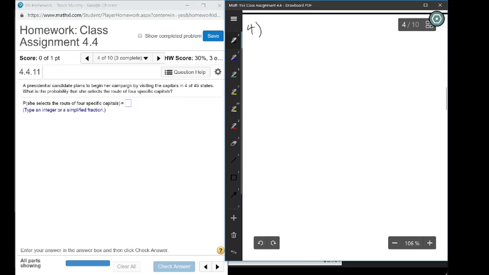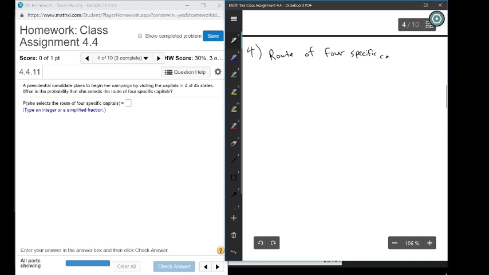Problem 4. A presidential candidate plans to begin her campaign by visiting the capitals in 4 of 45 states. What is the probability that she selects the route of 4 specific capitals? So the route of 4 specific capitals implies that order matters.